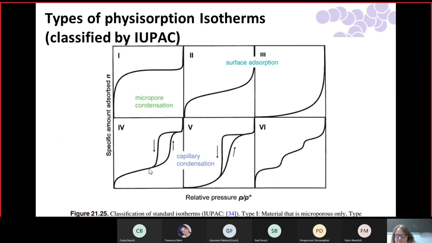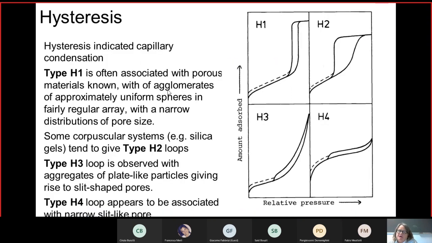And this is the reference to the IUPAC document. They define them, and looking at these, we can tell something about the material. So this type of hysteresis is often associated with porous materials that they know from other methods have agglomerates, a bunch of uniform spheres with a narrow distribution of pore size.